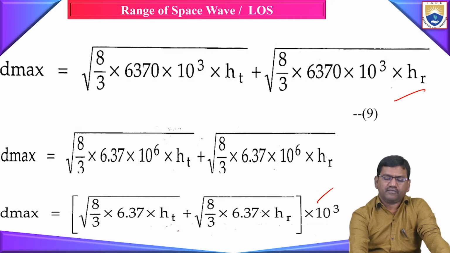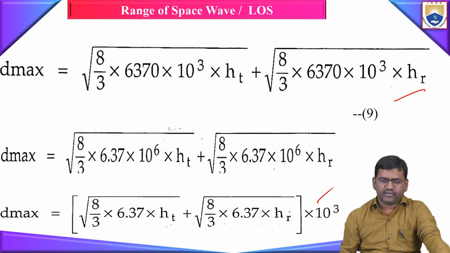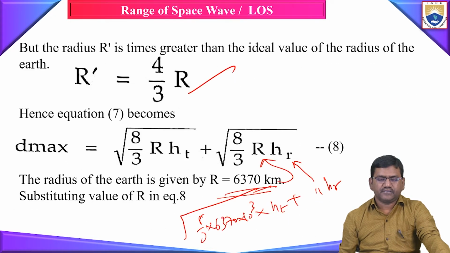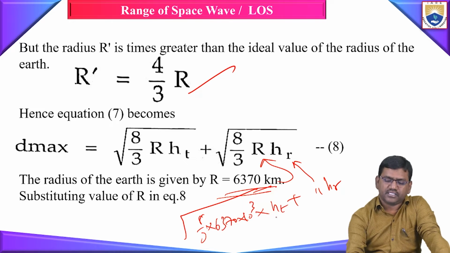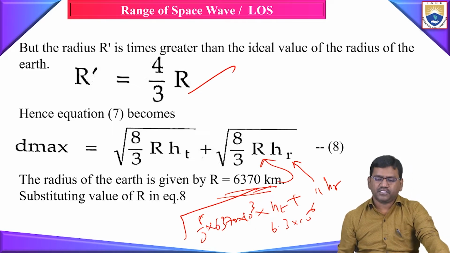Here we are taking the 10 power 3 outside, measuring in terms of kilometers. 6370 kilometers can be written as 6.37 into 10 power 6.